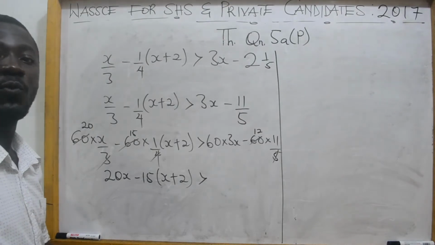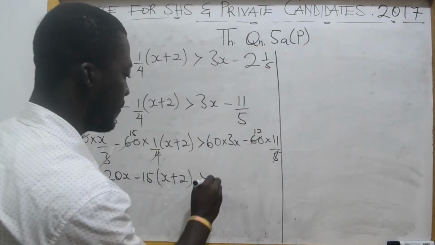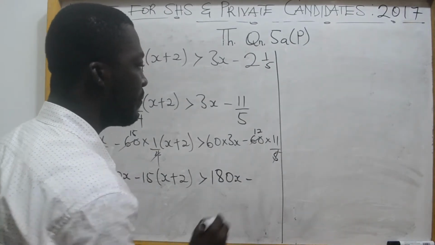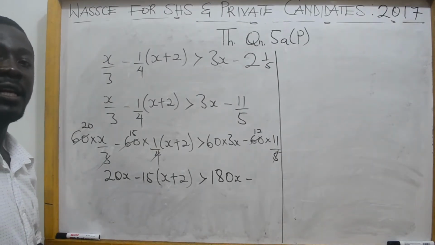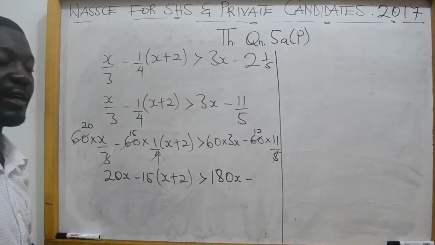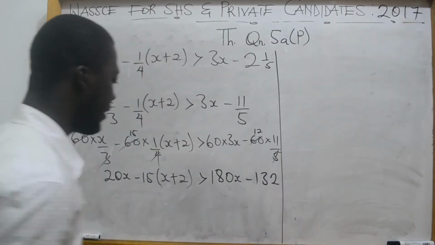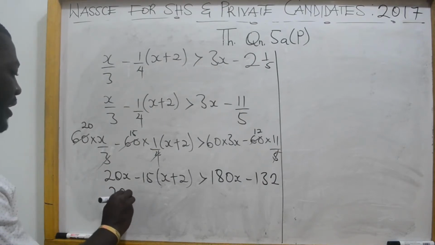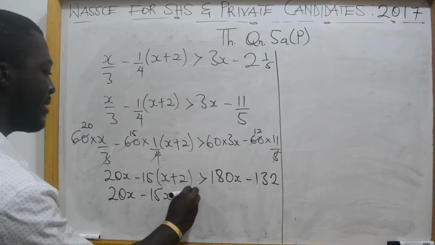We are getting 180x. Then minus 12 times 11 is 132. Alright? Then we expand. We are going to get 20x minus 15x minus 30.